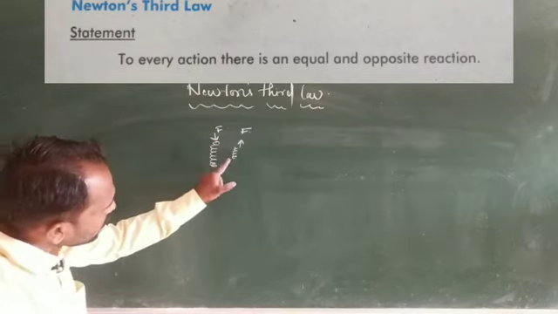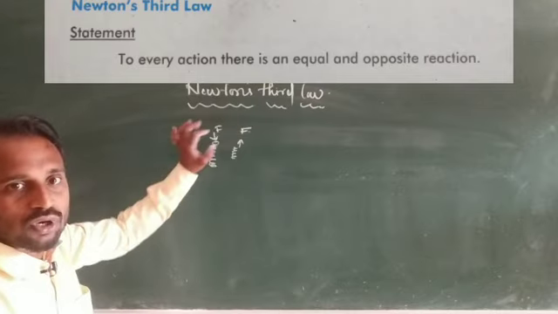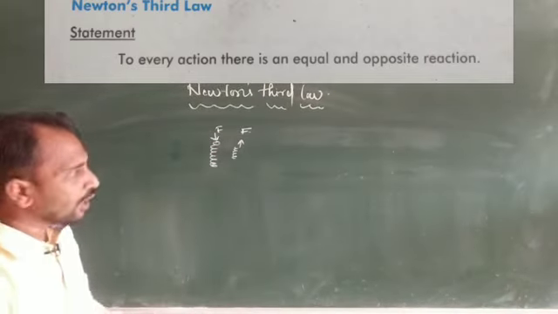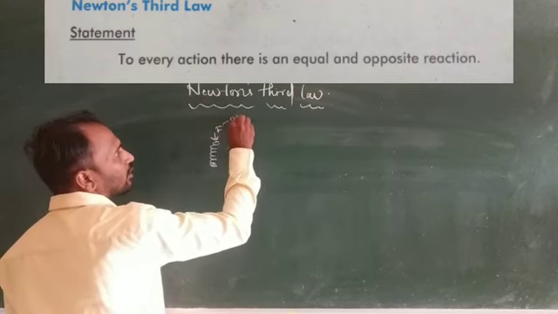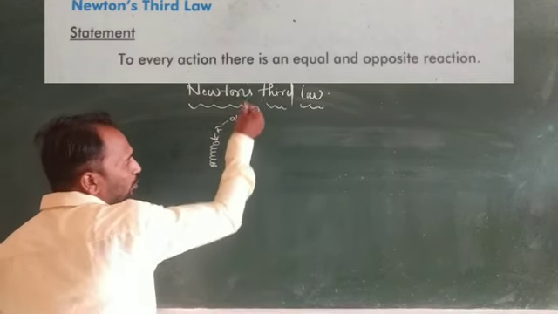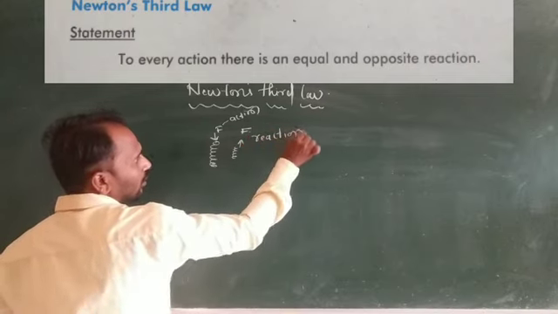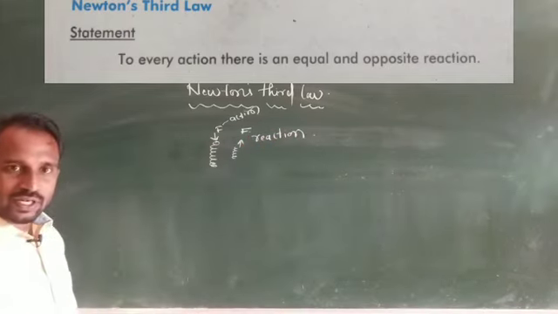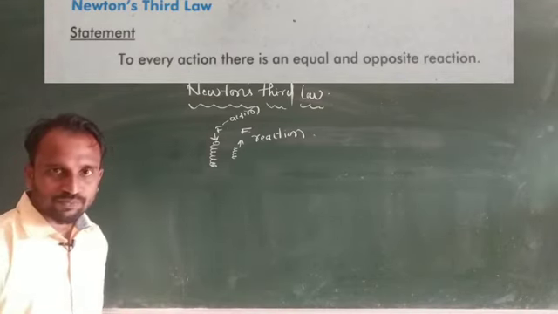Then what happens? The spring also applies the same amount of force on my fingers. The applied force is the action, and the force in the opposite direction is the reaction. Action and reaction are both equal but opposite in direction.